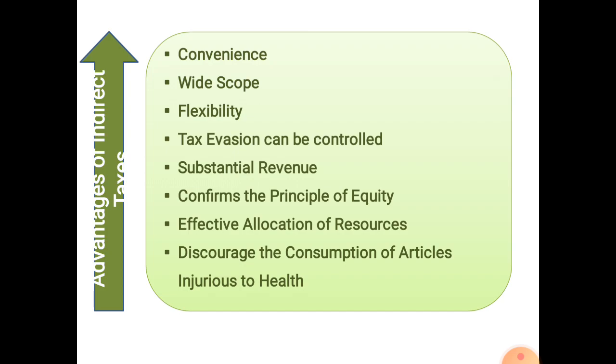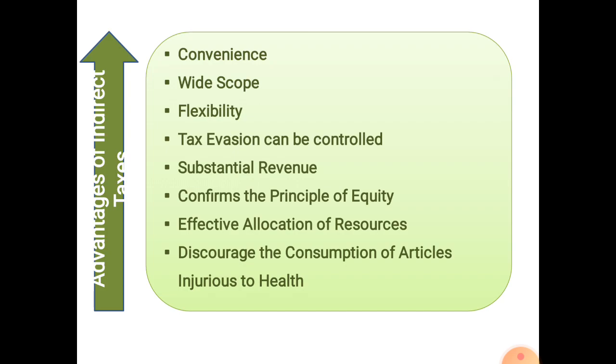Sixth point, indirect taxes impose lower rates of taxes or give exemption to the necessary articles and impose heavy taxes on luxurious articles. Thus, indirect taxes conform to the principles of equity. Next, effective allocation of resources.